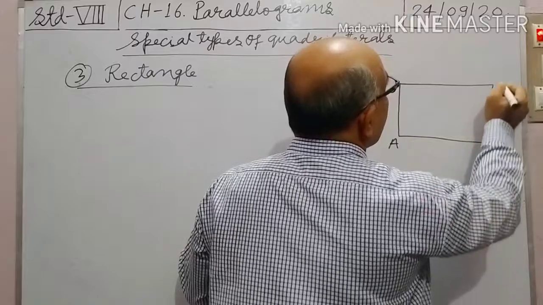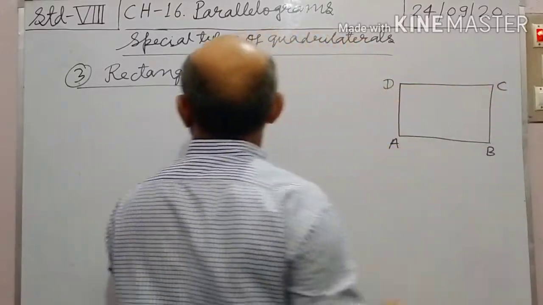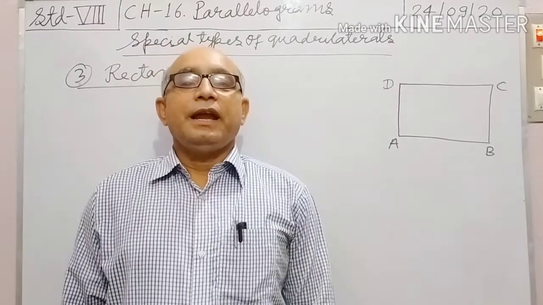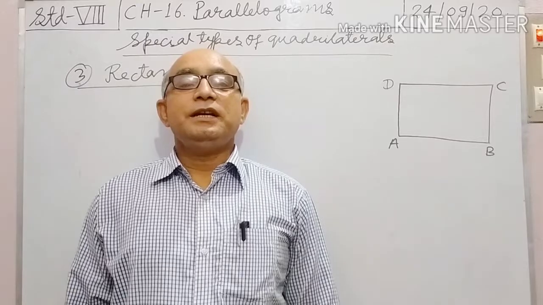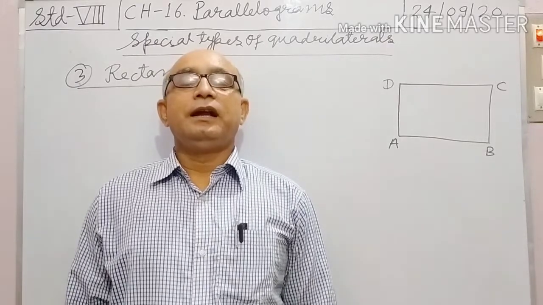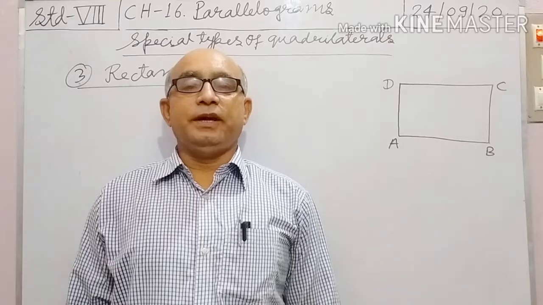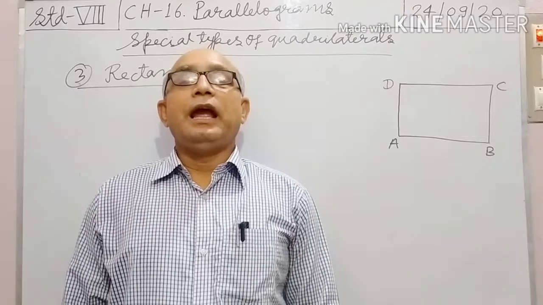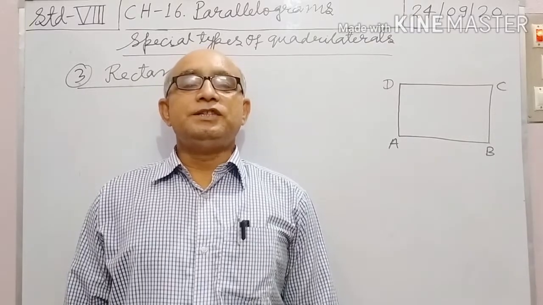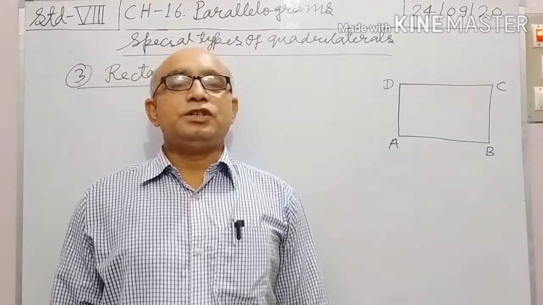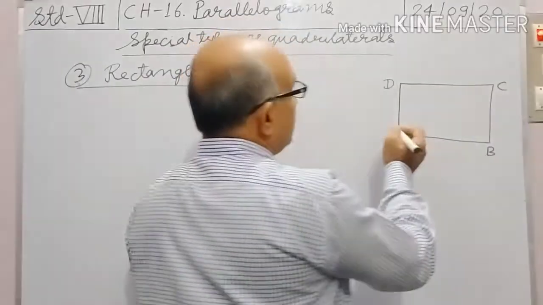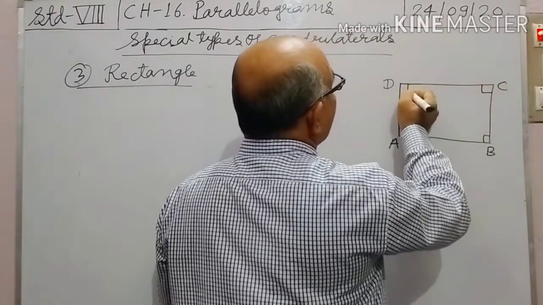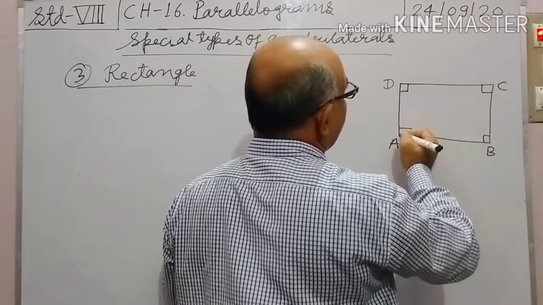First of all, the definition: a parallelogram in which each angle is a right angle, that is 90 degrees, is called a rectangle. Each angle is 90 degrees: angle A equals angle B equals angle C equals angle D equals 90 degrees.